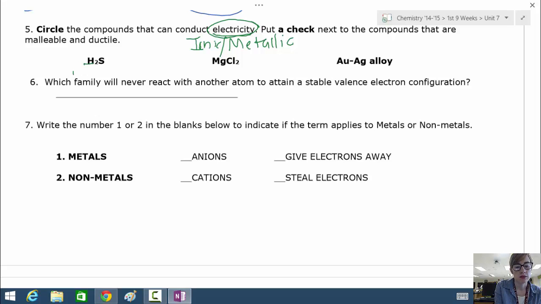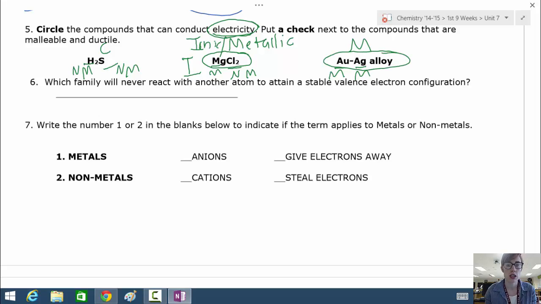Hydrogen is a nonmetal. Sulfur is a nonmetal, so this is covalent. Magnesium is a metal. Chlorine is a nonmetal, so this is ionic. Au is a metal. Ag is a metal, so this is metallic. So I'm going to circle MgCl2 and AuAg because those are the two that can conduct electricity.